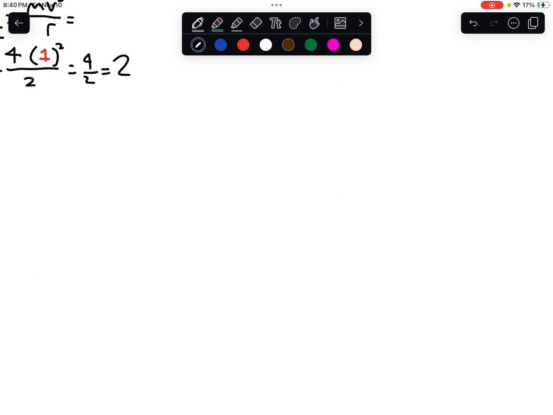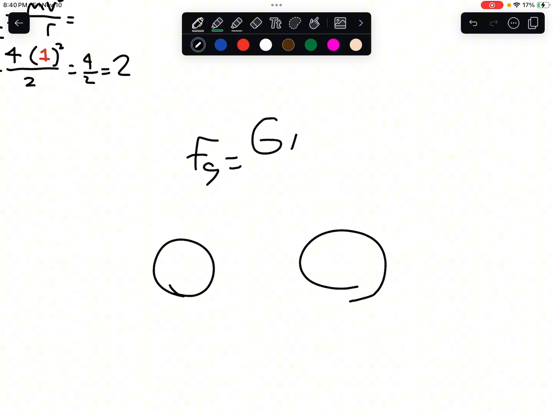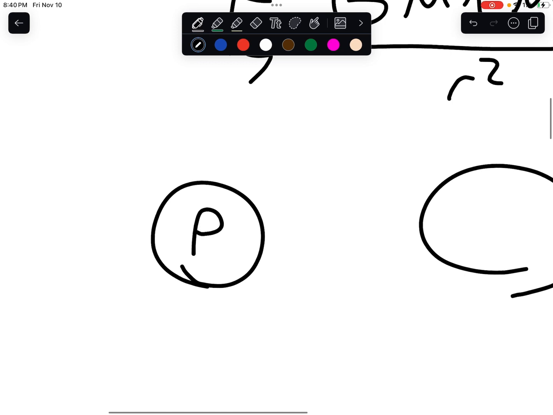Now, for gravity between two large objects, when you have two planets or such, when you use this equation where force of gravity equals big G times m1, m2, all over radius squared, these problems are a little less conceptual because there's only really one concept, which is gravity. You have to understand that when two things have mass, such as this planet and this planet, they pull towards each other.